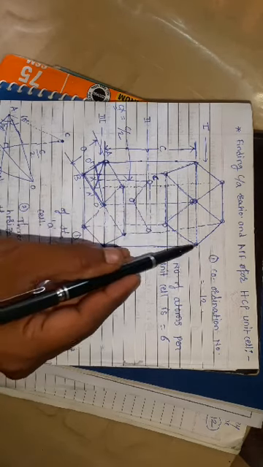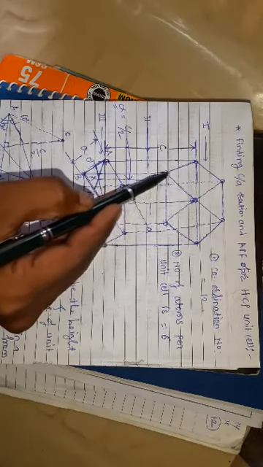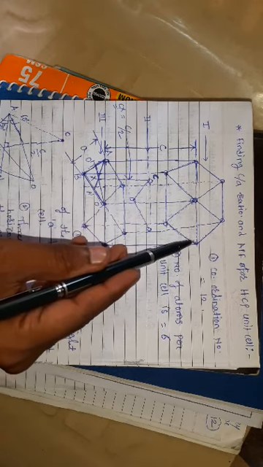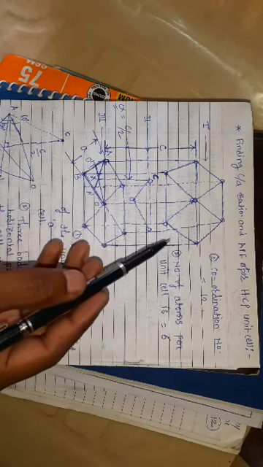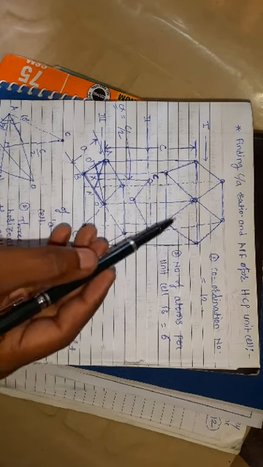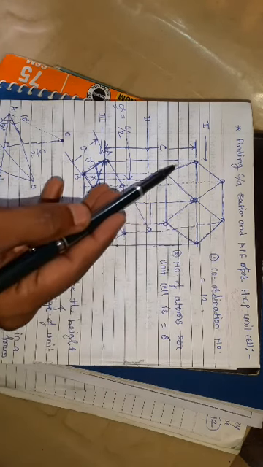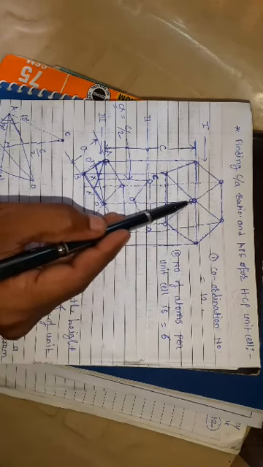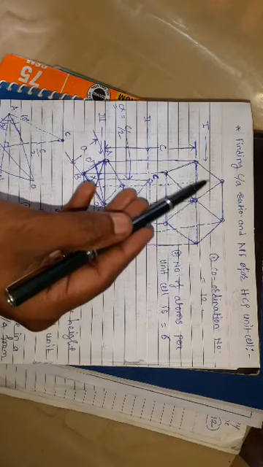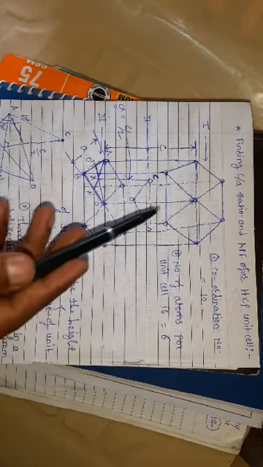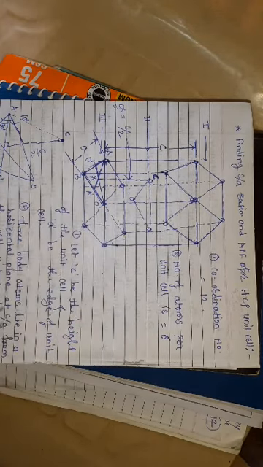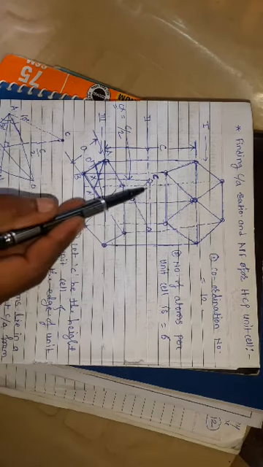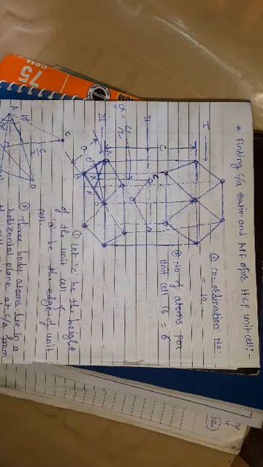There are 6 corner atoms situated on the 6 corners of this unit cell, and one atom situated on the faces of this hexagonal unit cell. This is the atom present on the face of the hexagonal unit cell. Then 3 more atoms are present inside the unit cell.